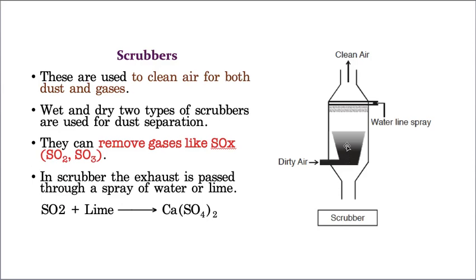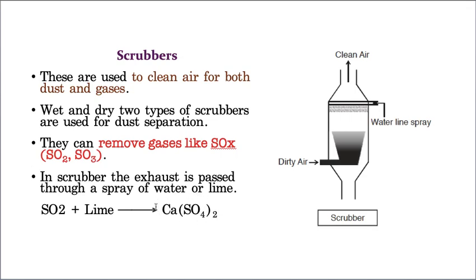When this dirty air is passing through this column, here you can see a thin film. Did you notice it? See some black colored dots. Did you notice it or not? These black colored dots are a thin film of lime. Now when this dirty air passes through this lime, the oxides of sulfur react with the lime and form calcium sulfate, CaSO4.